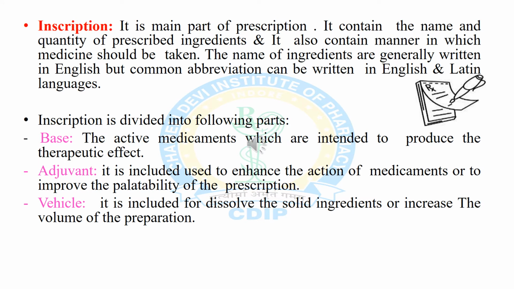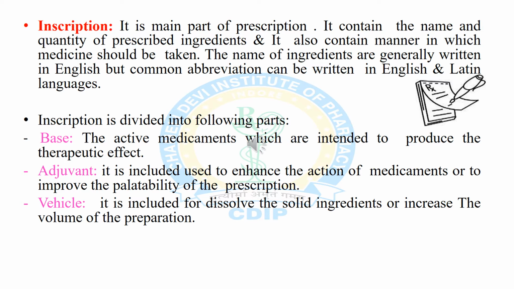So the next and most important part of prescription is inscription. Inscription is the body of the prescription containing the name and amount or strength of the drug. It contains the name and quantity of the prescribed ingredients, and it also contains the manner in which the medicine should be taken. The names of ingredients are generally written in English, but common abbreviations can be written in English and Latin.